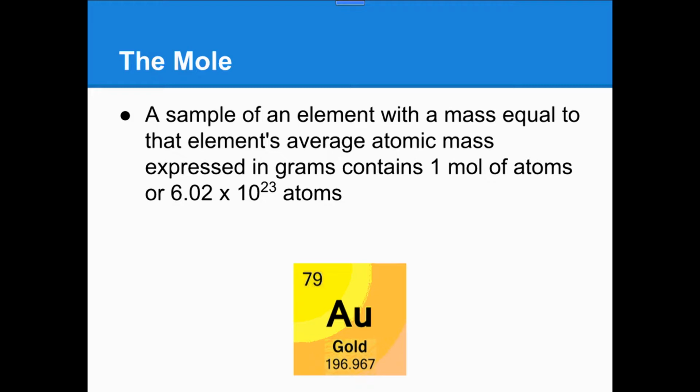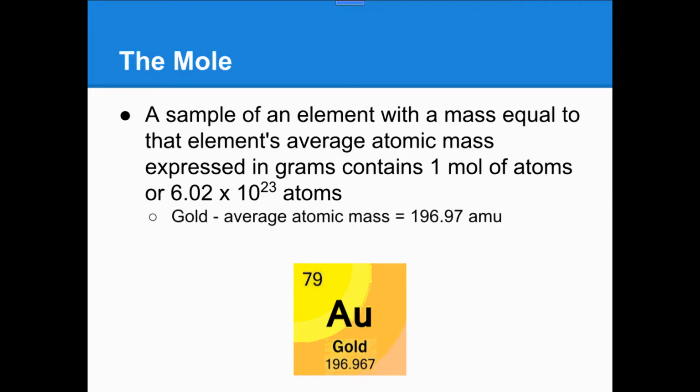That also means that there are a total of 6.02 times 10 to the 23rd atoms of gold sitting there on your scale. So the mass of the gold equal to its average atomic mass is equal to 1 mole, which is equal to 6.02 times 10 to the 23rd.